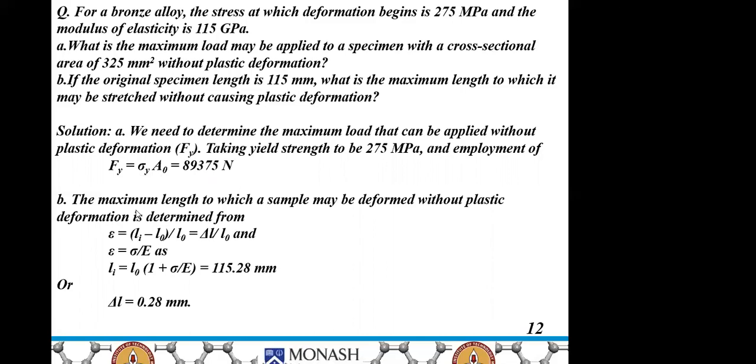The maximum length to which a sample may be deformed without plastic deformation is determined from epsilon equal to (L final minus L initial) divided by L initial, or delta L upon L0, and epsilon is equal to sigma upon E. So we can write L final is equal to L initial times (1 plus sigma upon E). This comes out to be 115.28 millimeter, or delta L we can calculate to be 0.28 millimeter.